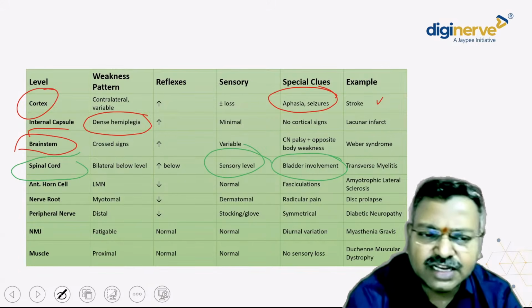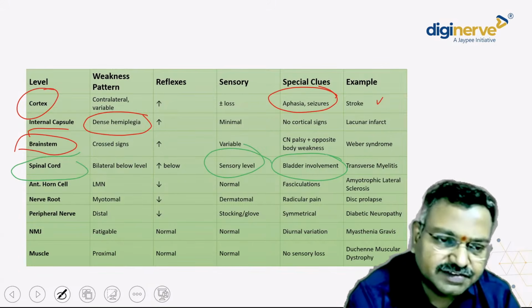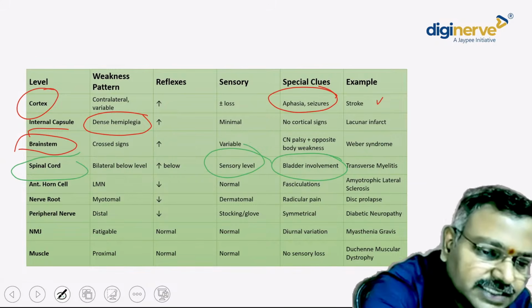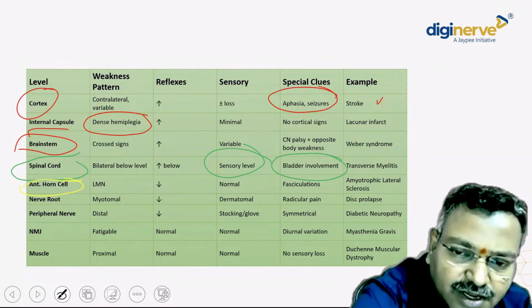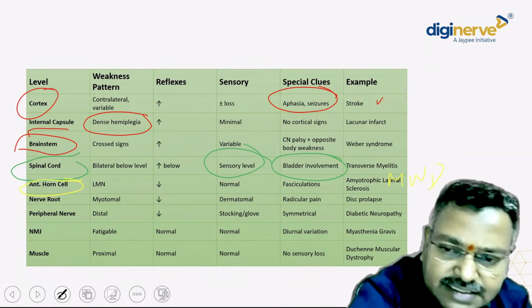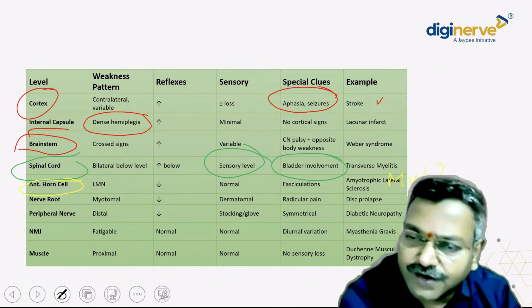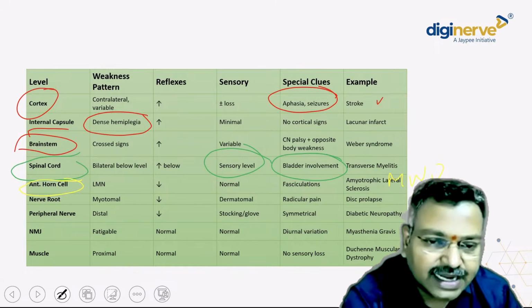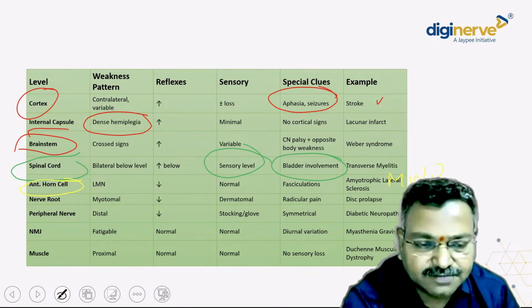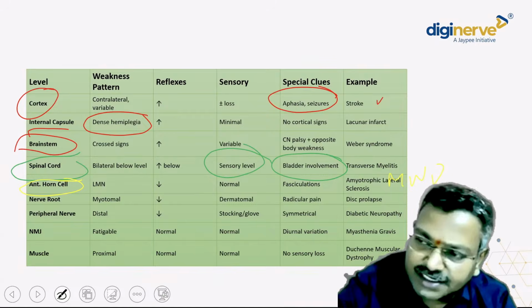The next localization, the LMN localization, we would start with the anterior horn cell disease. The classical disease is motor neuron disease, or amyotrophic lateral sclerosis. Here, you have florid LMN signs. You have wasting, fasciculations that can happen, and it is usually asymmetrical. The next site from the anterior horn cell is the nerve root.